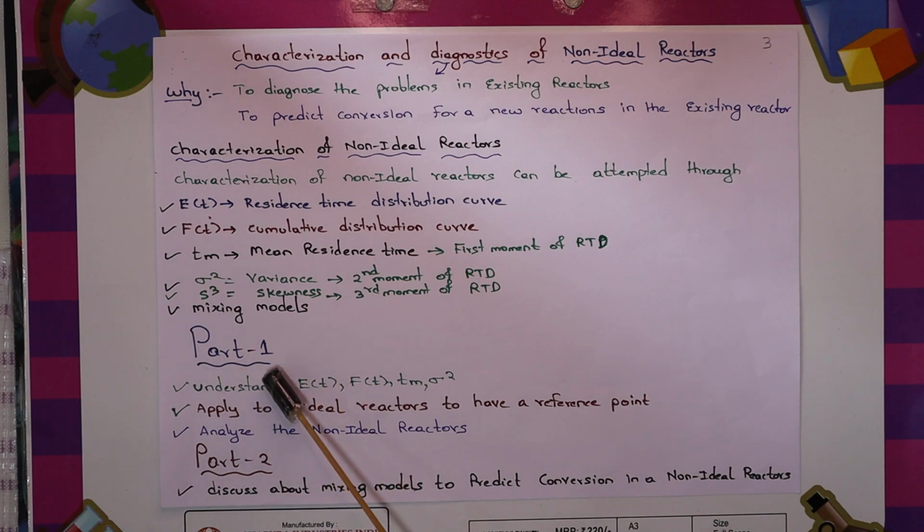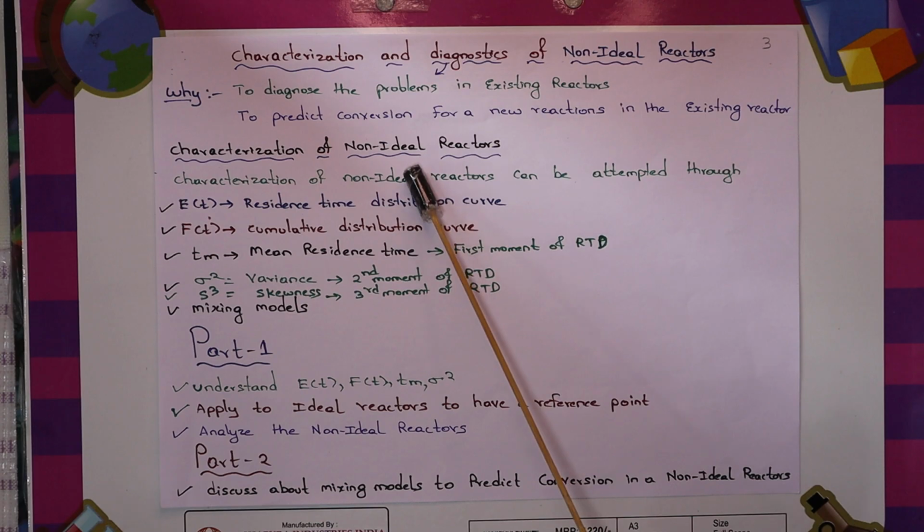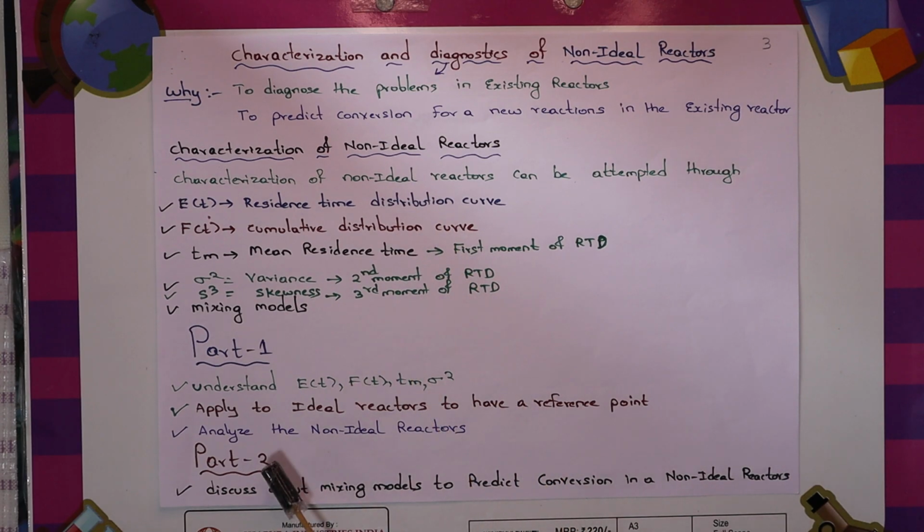So part 1 is to understand the characterization of non-ideal reactors. To find out whether a particular reactor is behaving non-ideally, you should know what the ideal reactor characteristics are. So we are going to apply the characterization of all the parameters to ideal reactors, so you have a reference point.